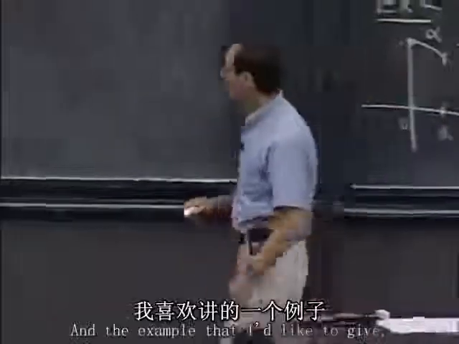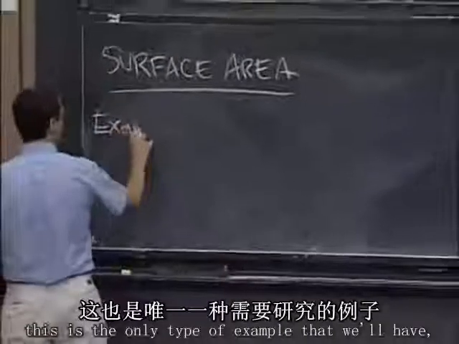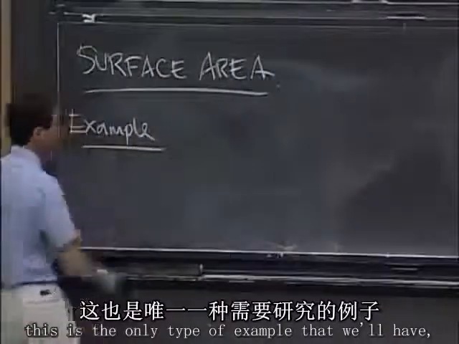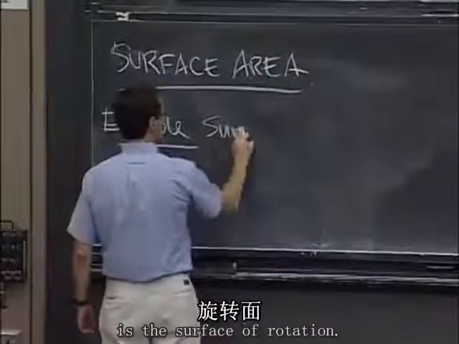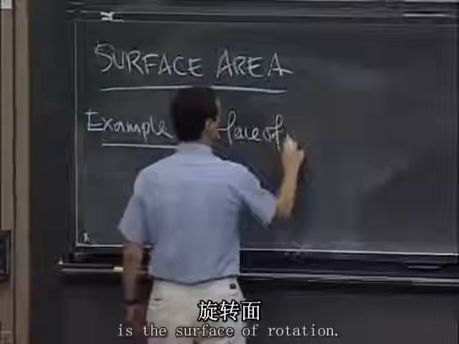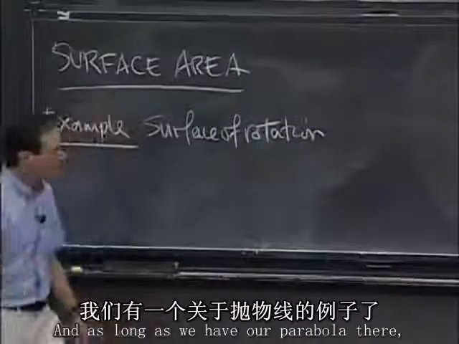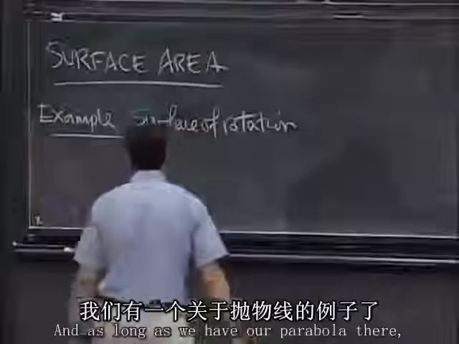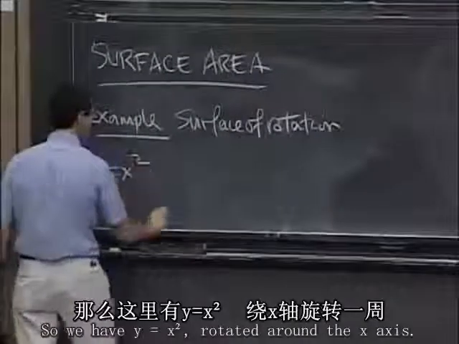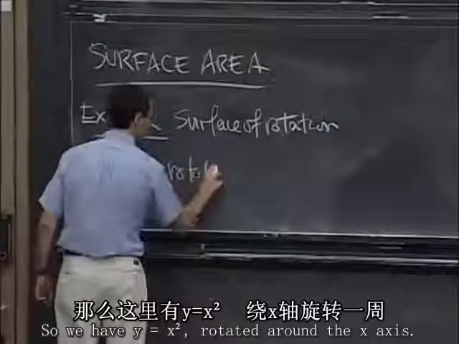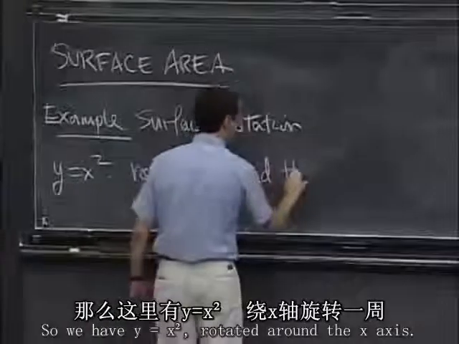And the example that I'd like to give, this is the only type of example that we'll have, is a surface of rotation. And as long as we have our parabola there, we'll use that one. So we have y equals x squared rotated around the x-axis.